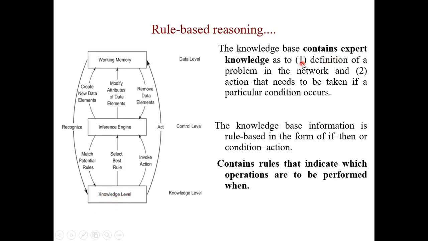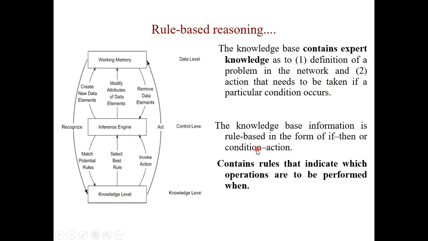So the knowledge level consists of the definition of the problems in the network. It's like a library. However many problems I know, I will store them, and some actions also will be mentioned at the knowledge level.